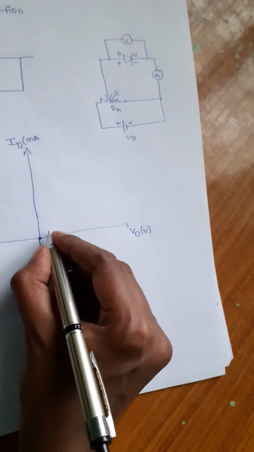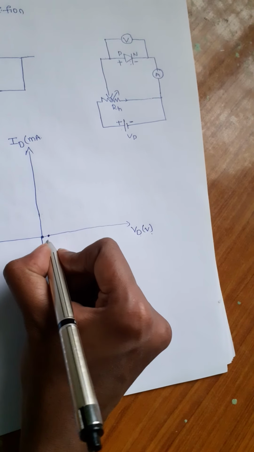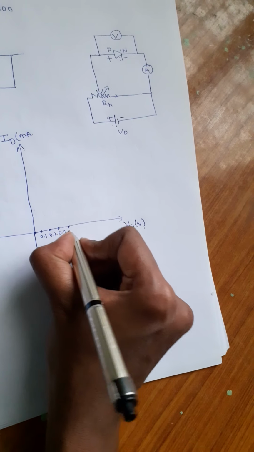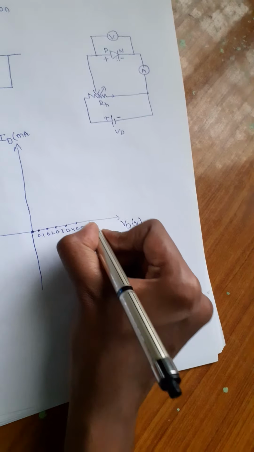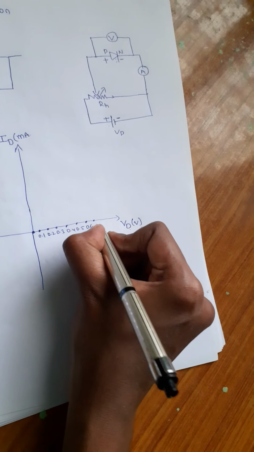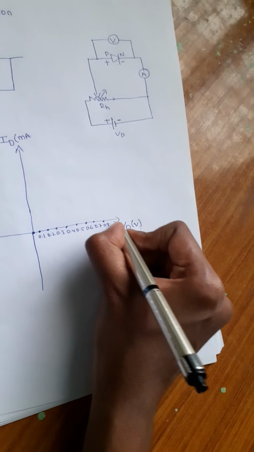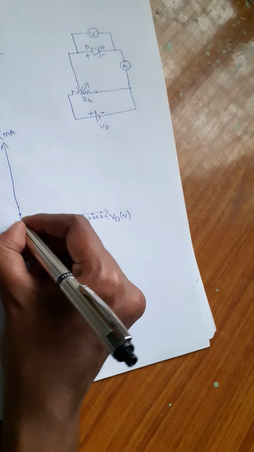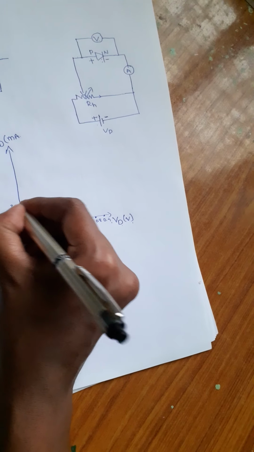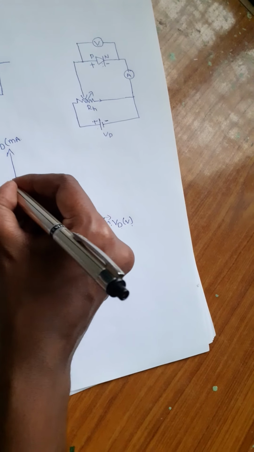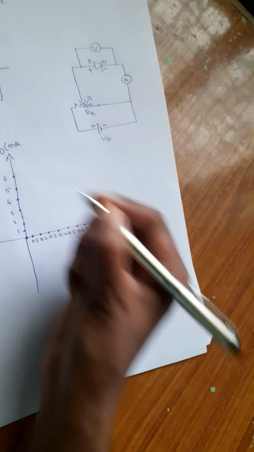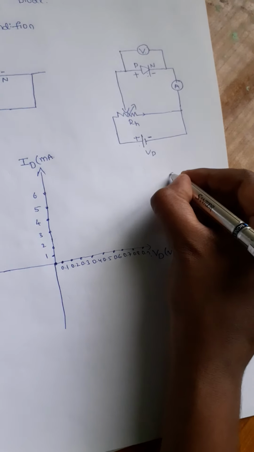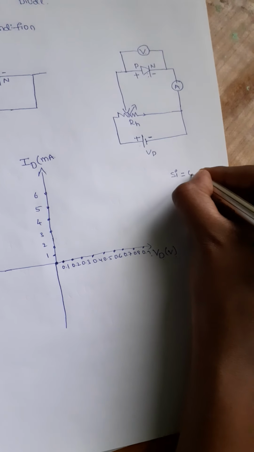Let us consider the current axis as 1, 2, 3, 4, 5, 6 milliamps, and the voltage axis as 0.1, 0.2, 0.3, 0.4, 0.5, 0.6, 0.7, 0.8 and 0.9 volts. In silicon we know that the barrier potential is 0.7 volts.